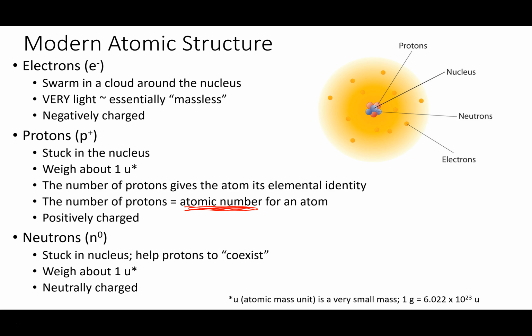Silver atom, no charge, 47 protons, 47 electrons. That's just what it does. Now, the silver atom can quite easily kick off one electron, and then it's not neutral anymore.